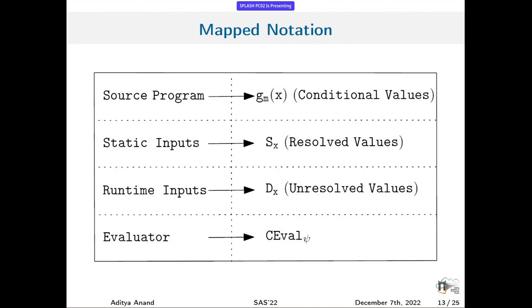The evaluator or interpreter used in partial evaluation, which evaluates the program, we design as a similar conditional value evaluator for a particular analysis, and we map both evaluators as the same.